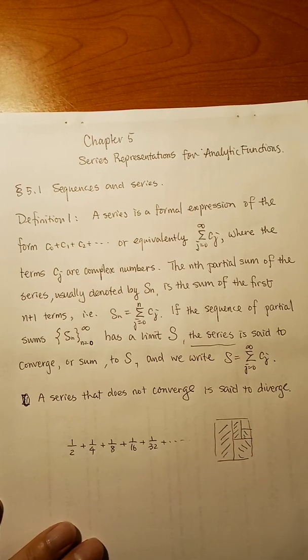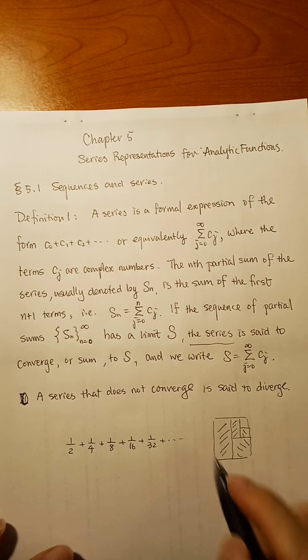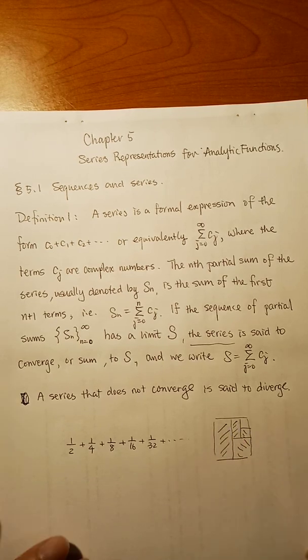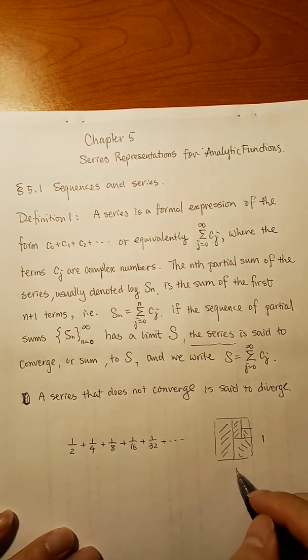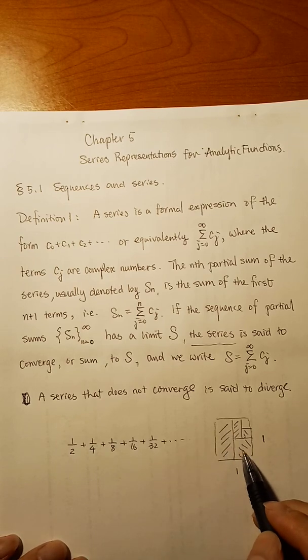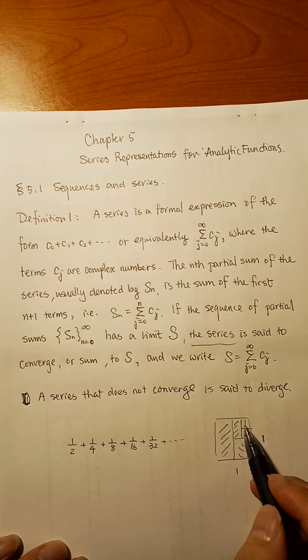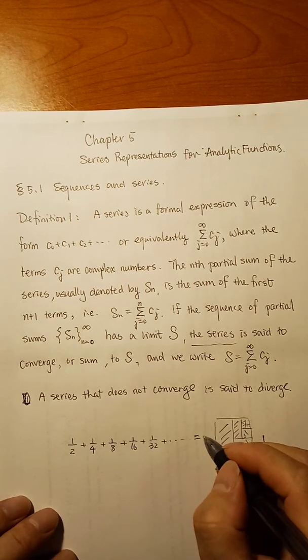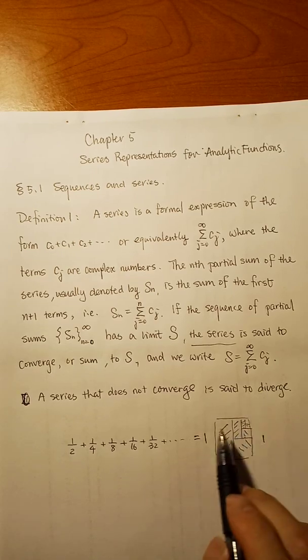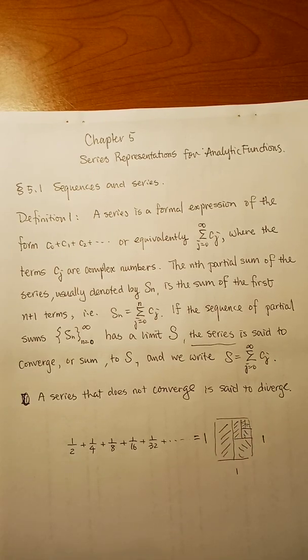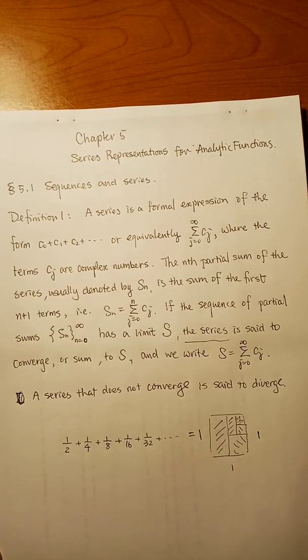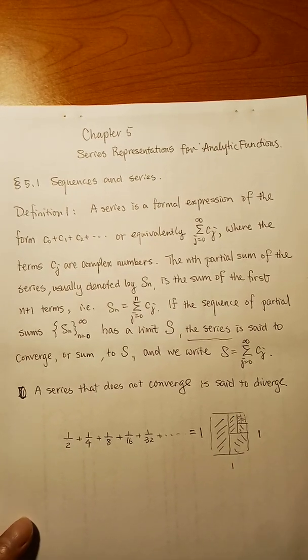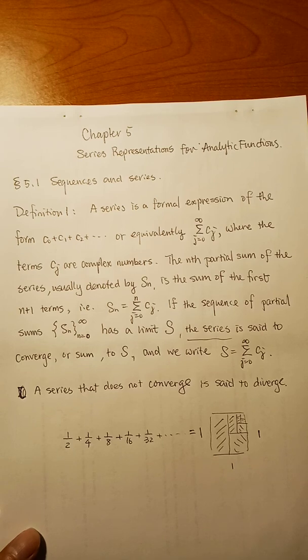So when you go through this complete process, you cover the whole square. The square is 1 by 1. So it's 1/2, 1/4, 1/8, 1/16. This is equal to 1, or the series sums to 1. And this is a special example of a so-called geometric series.